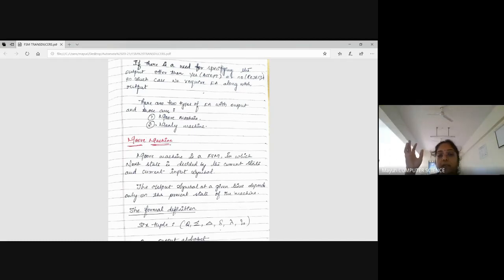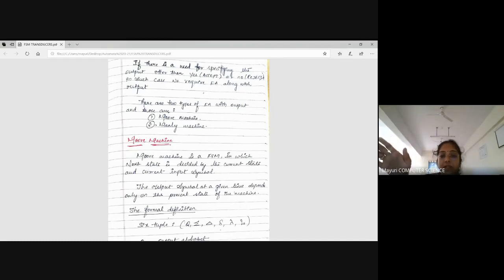Exactly like DFSM, but here we specifically don't mention this is the acceptable state, this is the reject state. So how do you predict the next state? What type of input if you give, you're going to the next state?